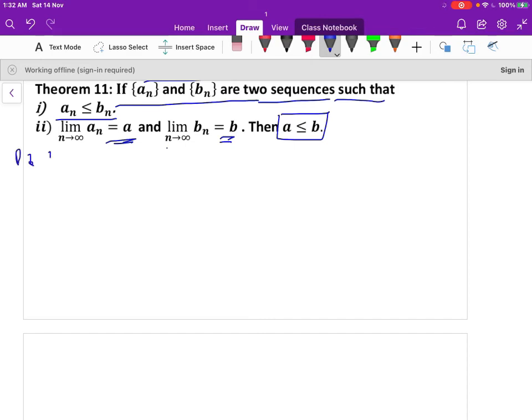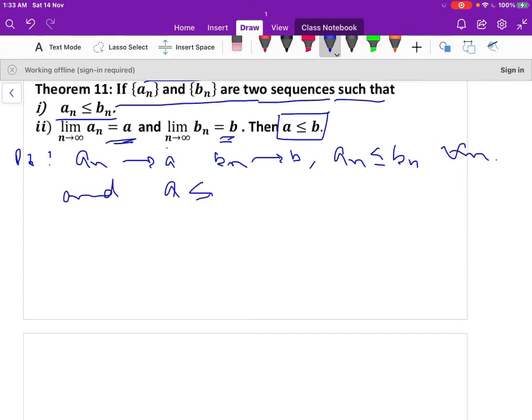Now let us move to the proof of the theorem. Again we prove by the method of contradiction. Assume that an converges to a and bn converges to b with an less than or equal to bn, this is true for all n, and a is not less than or equal to b.